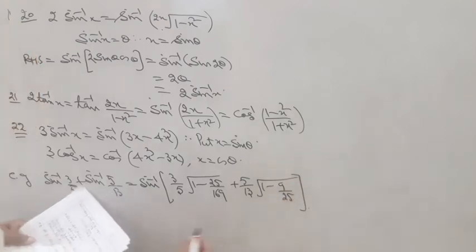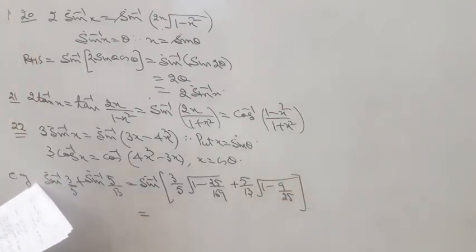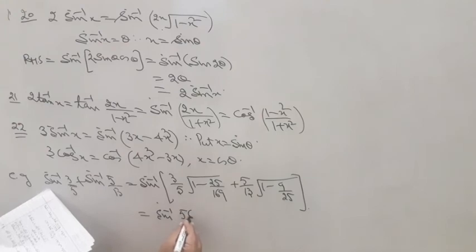Check out. When you simplify this, it becomes sine inverse of 56 upon 55. This is just the value of this expression. Check out please.